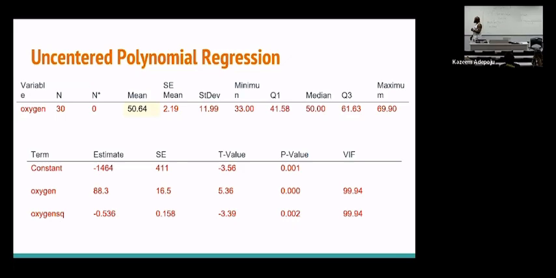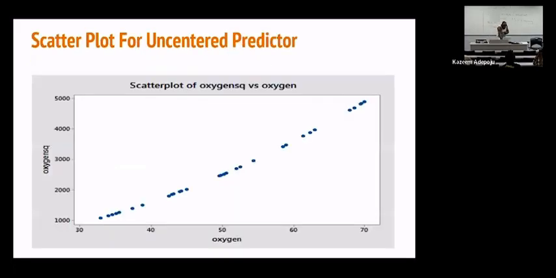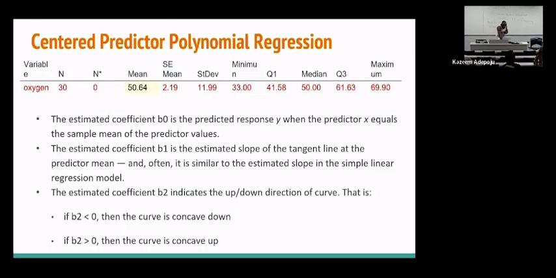So what we're going to do is, let us first generate descriptive statistics. You see the minimum, the mean, and the maximum, right? And the VIF of oxygen and oxygen square is greater than 5. Now, what I'm going to do is center.